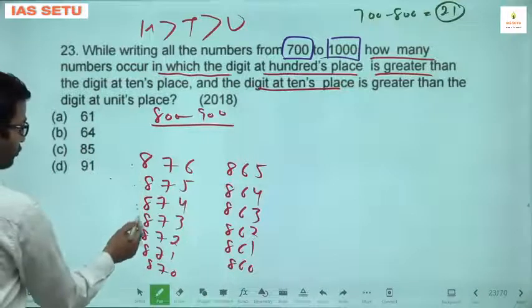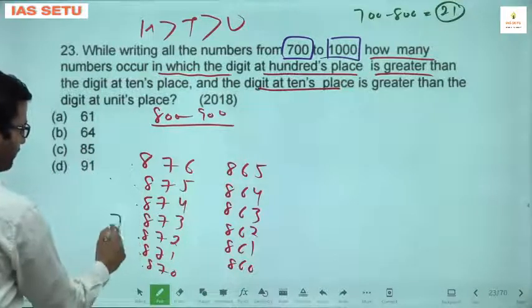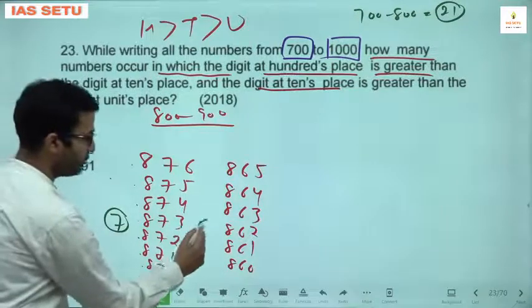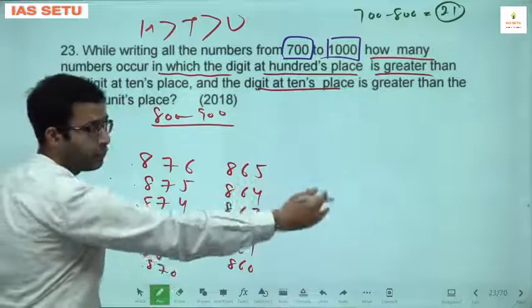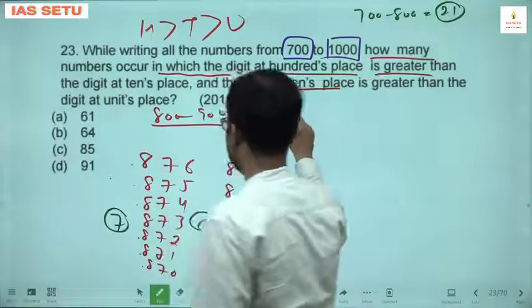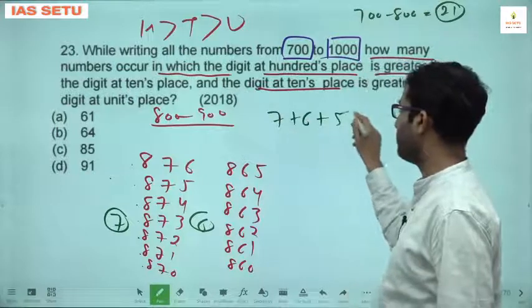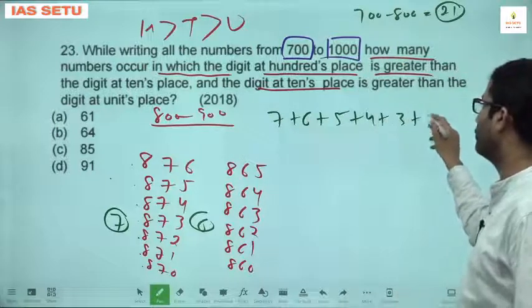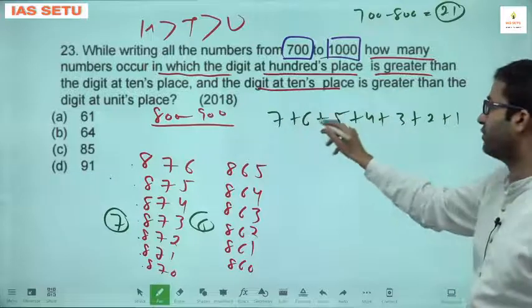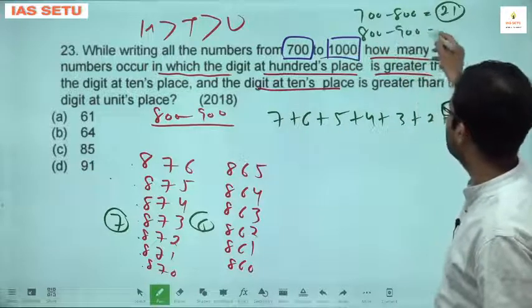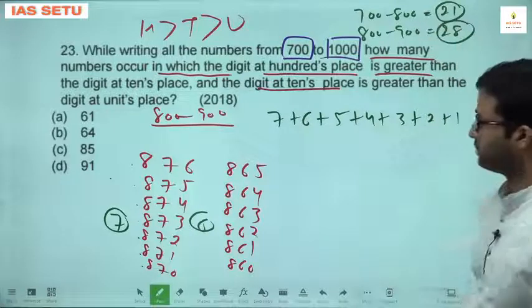What do we have? 1, 2, 3, 4, 5, 6, 7. 7 numbers here. In the 870s we have 7. Here it will be 6, then 5, 4. So this will be the sequence. 7 plus 6, then 5, 4, 3, 2, 1. 3, 6, 10, 15, 21, 28. So between 800 and 900 we will get 28 such numbers.